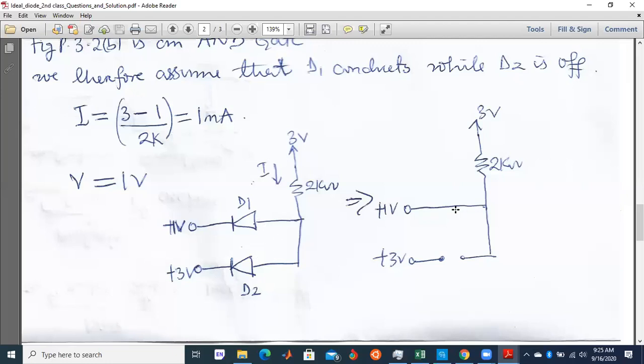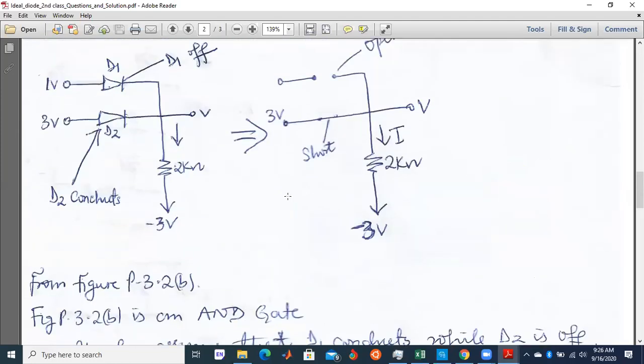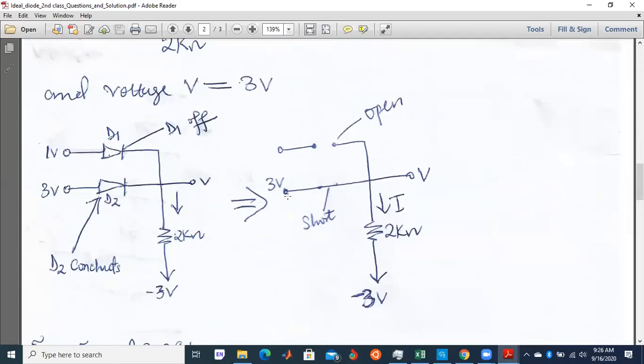So if D1 conducts, it will be replaced by a wire, while D2 is off, this will be open. Then we can find the flow of current. That is 3 minus 1 divided by 2 kilo. Then we have 1 milliamp. And the voltage attached to the diode that is on will be 1 volt. Please, is it clear?